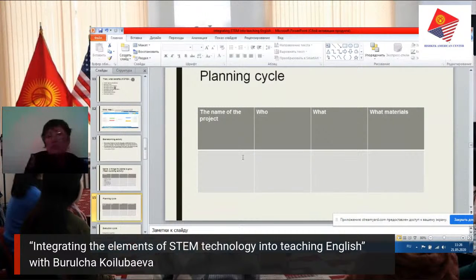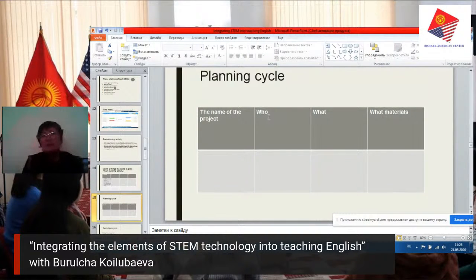I try to give this chart all the time, because the group of students, the team, will write the name of the project, what kind of project they are doing, for example gardening or reduce, recycle. So they will write the name of the project and who will do it. It is very important to pay attention to this part, who.